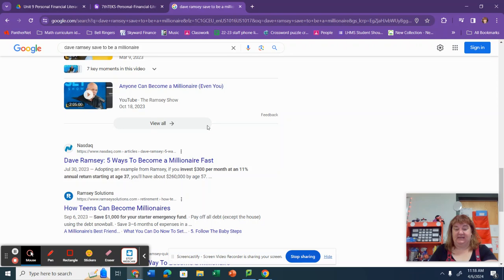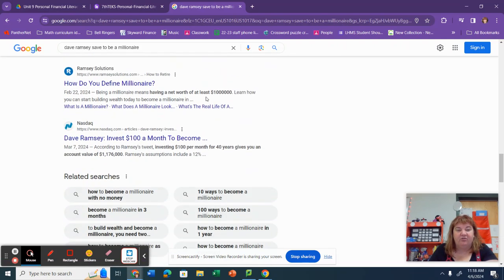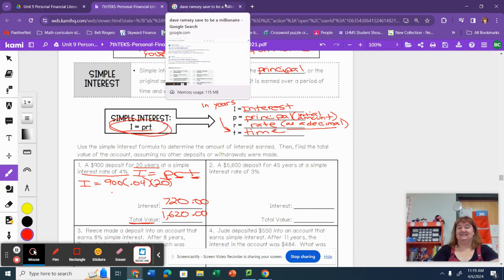Then you will be a millionaire after 40 years. Oh, here it is. Invest 100 a month for 40 years and you'll be a millionaire. Isn't that kind of cool? I know 40 years seems like forever from now, but if you just saved 100 a month starting right now, 40 years from now, you won't be that old. You'll be my age, younger than me, and you will be a millionaire. That's kind of cool. So I always like to show that to my students.